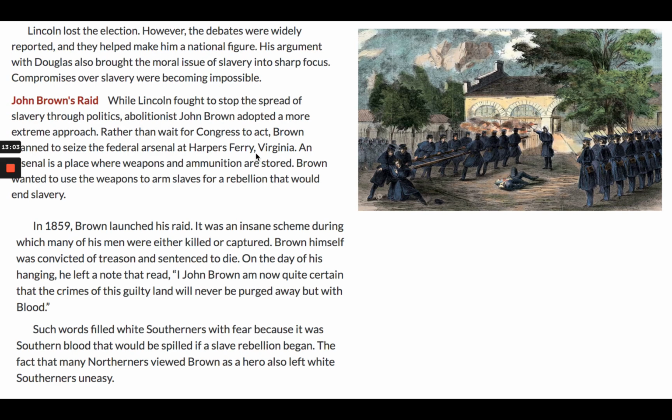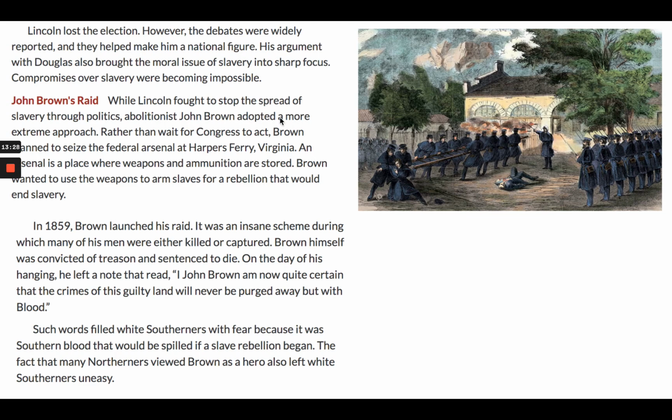John Brown's raid. So while Lincoln fought to stop the spread of slavery through politics, abolitionist John Brown adopted a more extreme approach. Rather than wait for Congress to act, Brown planned to seize, that means take, the federal arsenal at Harper's Ferry, Virginia.